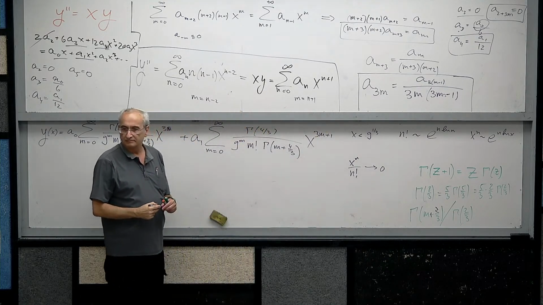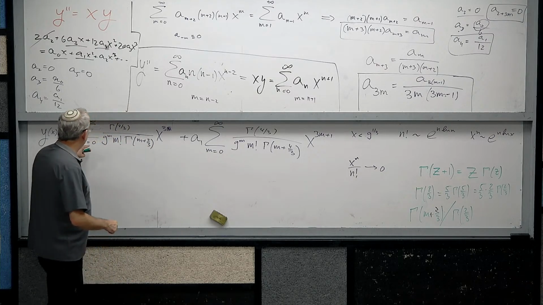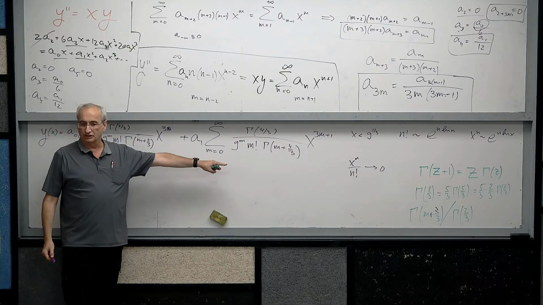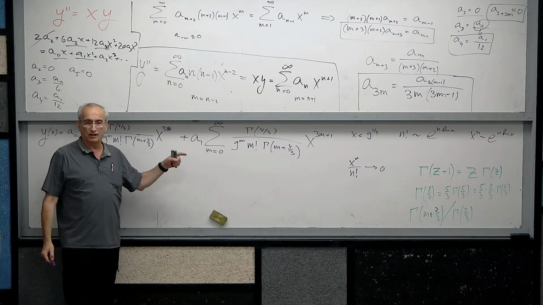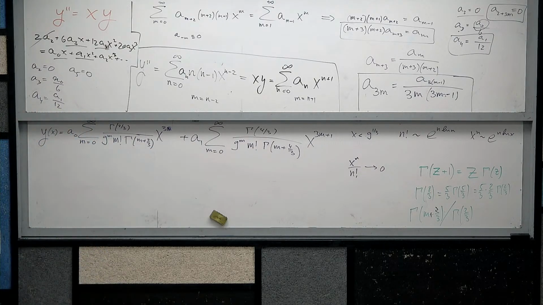Right? So these are the two linearly independent solutions of the Airy equation with two arbitrary coefficients, a1 and a0.